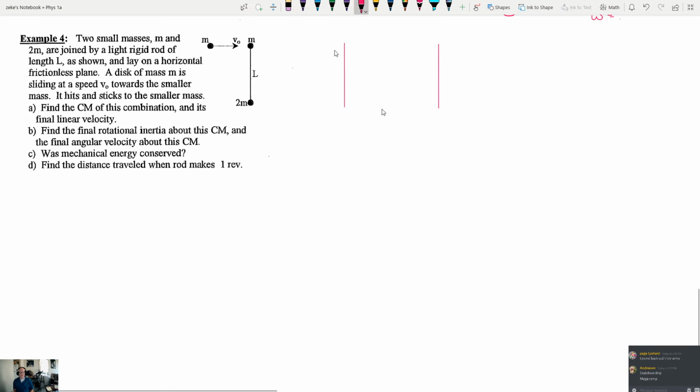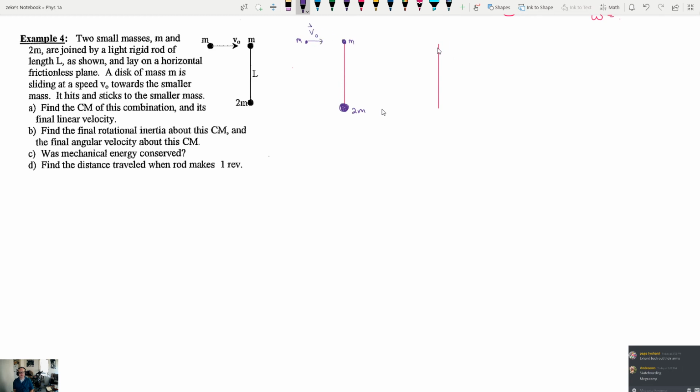I just want to put a dot here. Okay. So now the initial situation is you have mass m here, you have mass 2m on this side, and we have mass little m moving to the right with an initial velocity v initial.